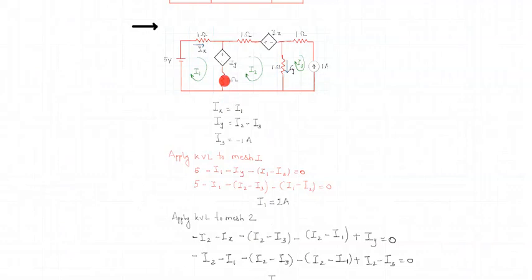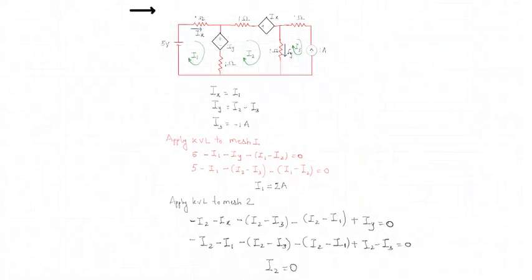Then we come to this 1 ohm resistor, what is the current there? Here it is I2 minus I1, so it is minus of I2 minus I1. And when we come to the last voltage source here, the polarity is minus to plus, and therefore it is a rise in the voltage. I have to consider it to be plus Iy is equal to 0. Right? So this is the KVL equation we have obtained.